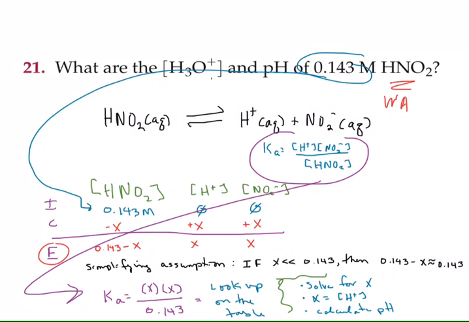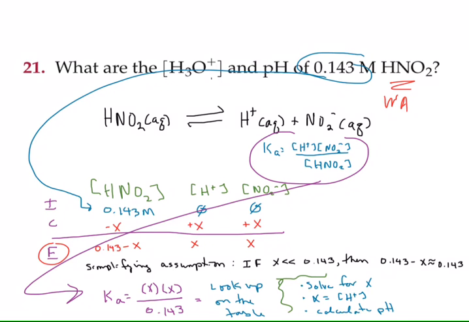Just like I did a minute ago, you can see from this ice table that we're going to get equilibrium concentrations in terms of X. If I left this denominator 0.143 minus X, we'd have to use the quadratic. But the simplifying assumption: if X is significantly less than 0.143, then 0.143 minus X is 0.143.